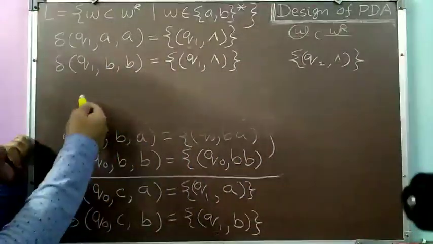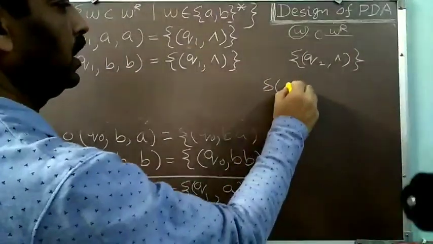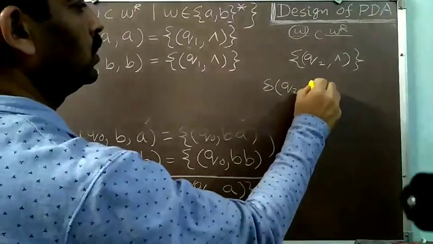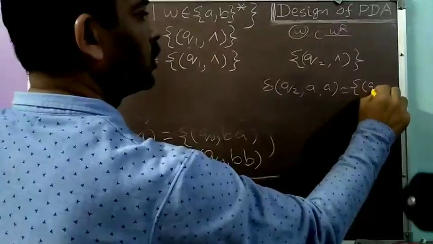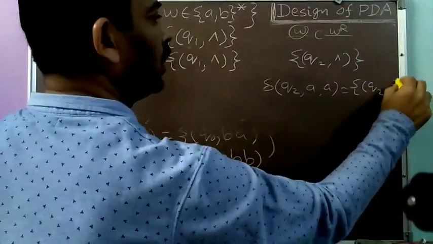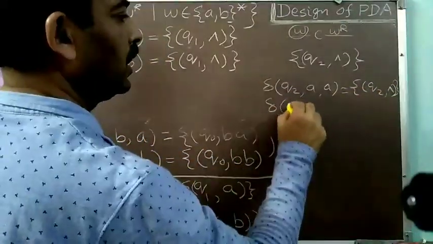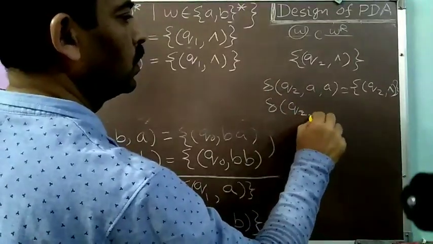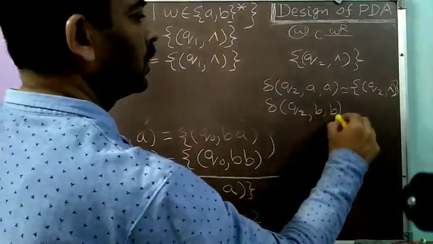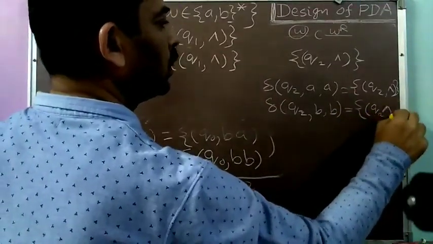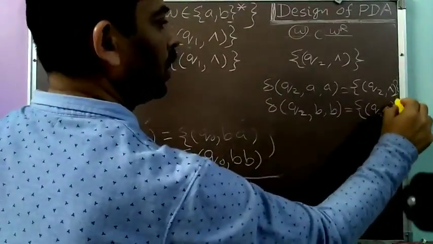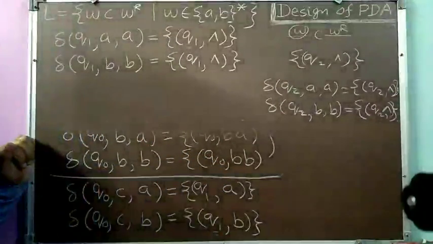So I have to write 2 more transitions of the form delta Q2 A is equal to again Q2 null, and similarly delta Q2 B, D is equal to Q2 null. Something like this.